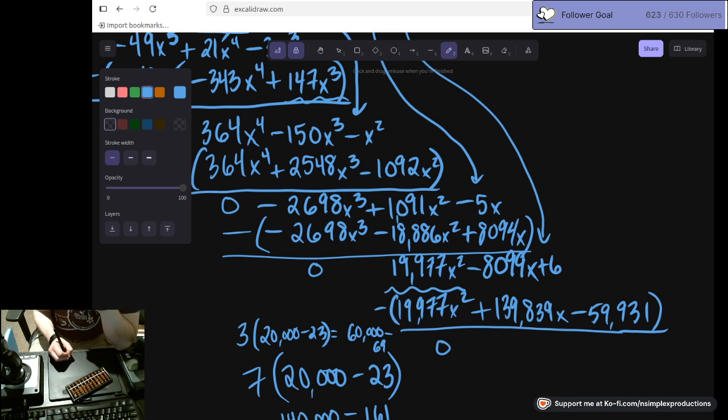So this is going to give us 8,000 is going to be 140 negative 147, and it's not going to go over 1,000. 800 plus a 1 from the next one is 900. 20 and 1 from the other is 38x. This is now going to be negative is a positive 59,930. 1 plus 6 is 7.